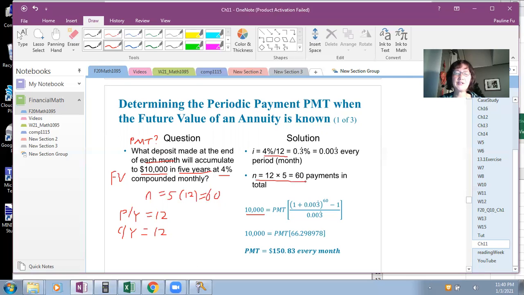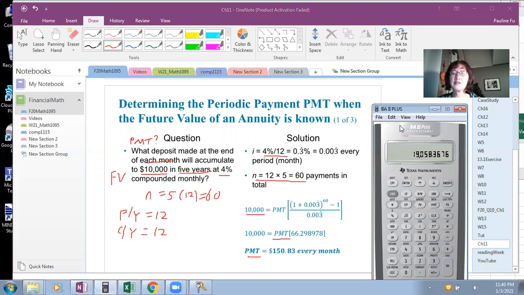N is 60. You plug in, and with 1 equation and 1 unknown, you can solve for PMT. This is the formula method. Next, the calculator method to figure out PMT. So I go to second, quit, to clear the previous entries.